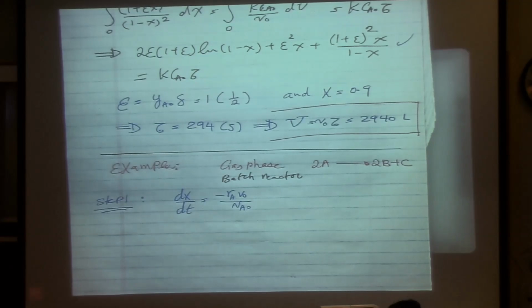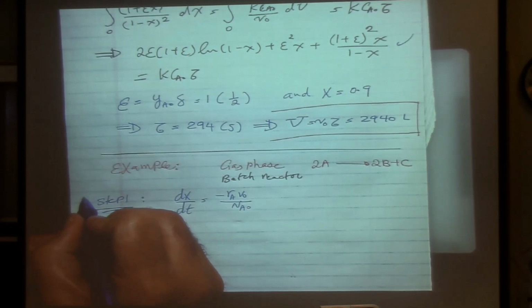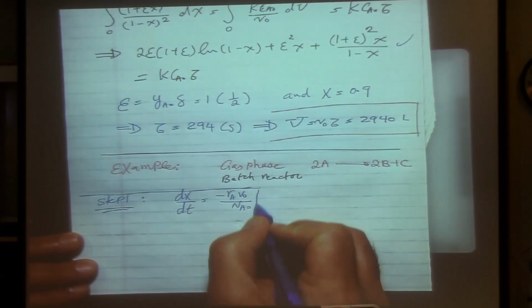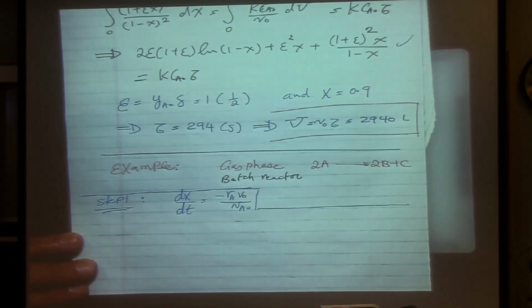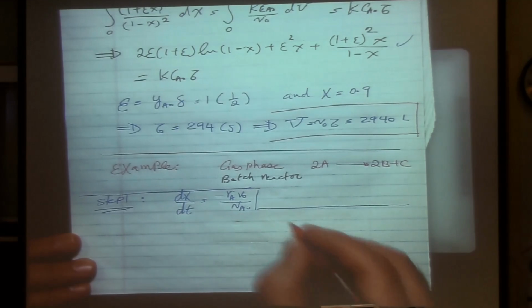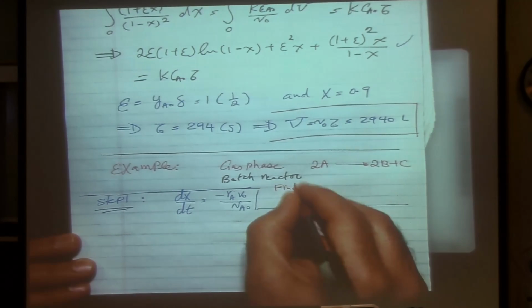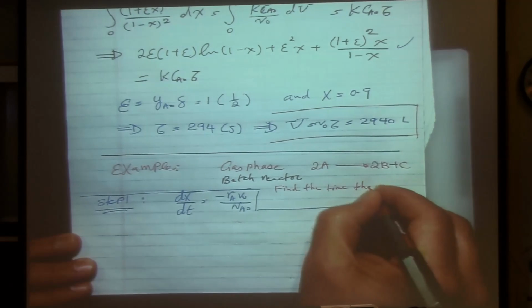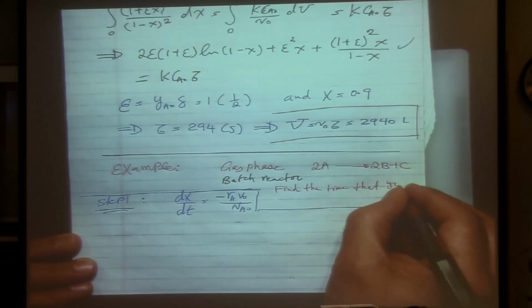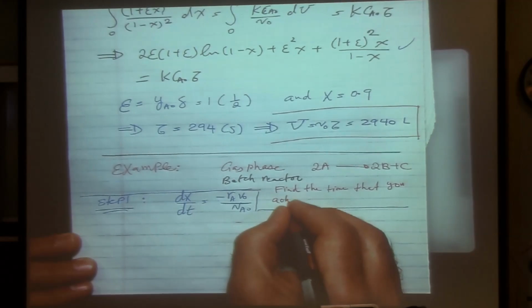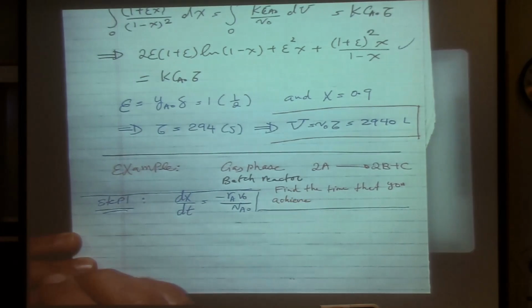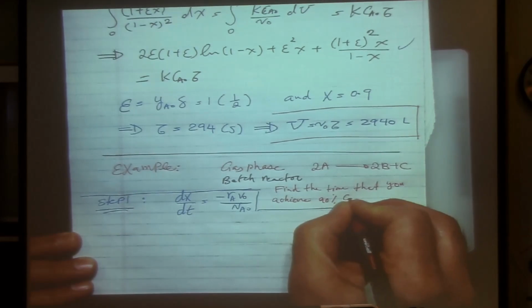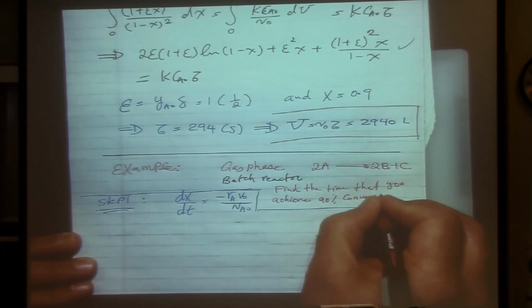So basically, the question would be: find the time that you achieve 90% conversion.